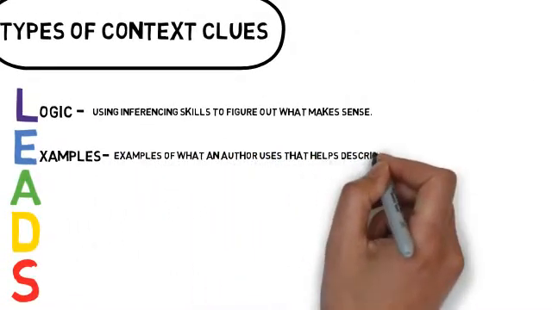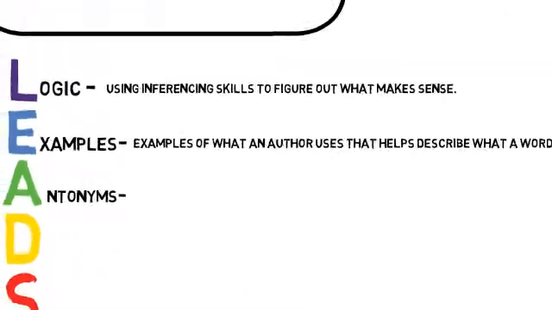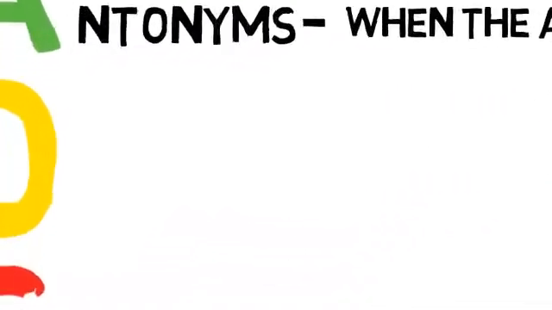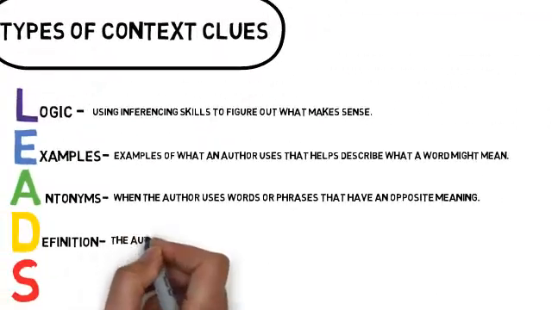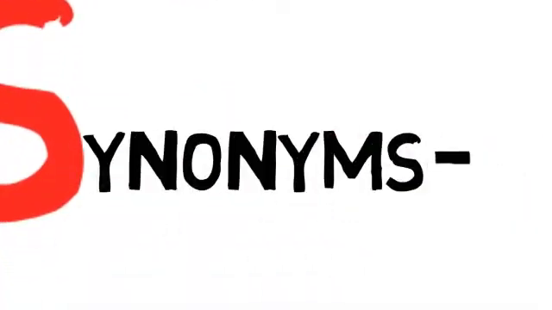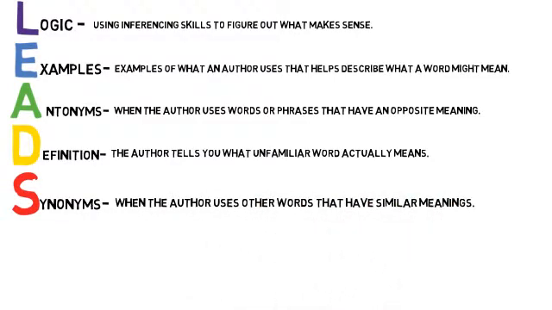Examples of what an author uses that help us describe what a word might mean. Then we have A for antonym, when the author uses words or phrases that have an opposite meaning. Then D for definition. Sometimes the author will tell us exactly the definition for that unfamiliar word. Then last, synonyms, when the author uses other words or phrases that have similar meanings to that unfamiliar word.